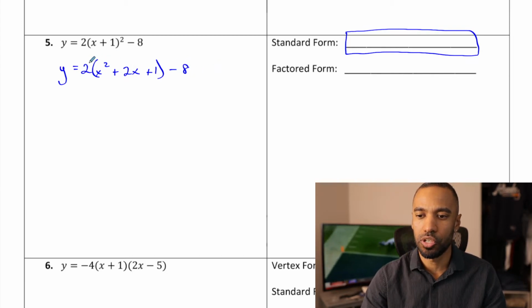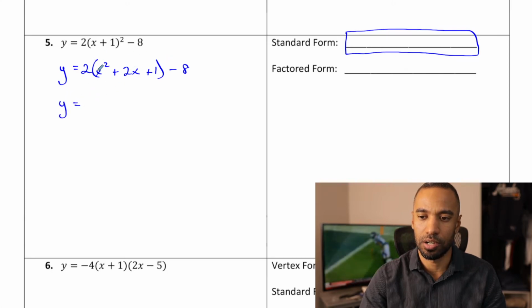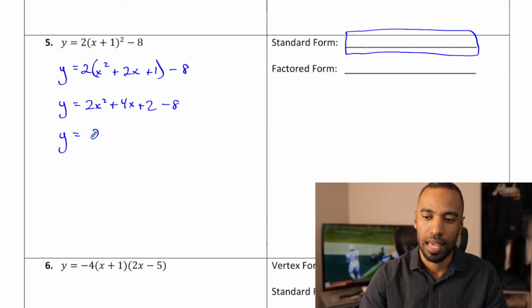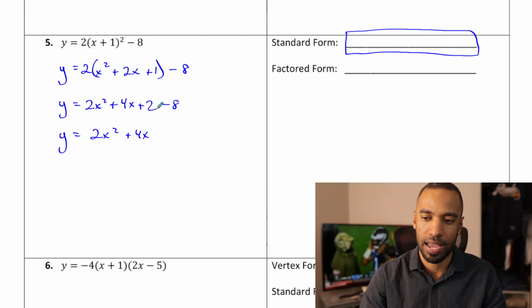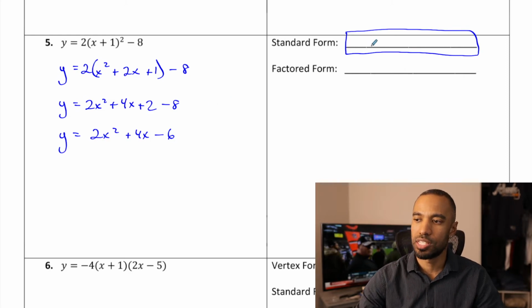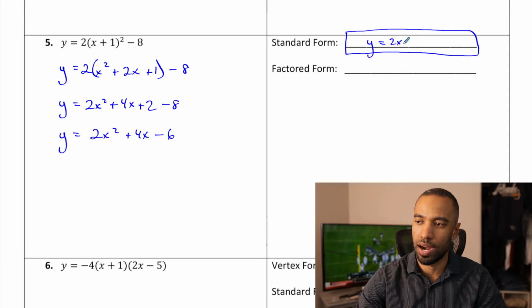Let's distribute the 2 into these three terms here. We're going to get 2x squared plus 4x plus 2, and then minus 8. And that will be 2x squared plus 4x minus 6. So this is standard form. y equals 2x squared plus 4x minus 6.